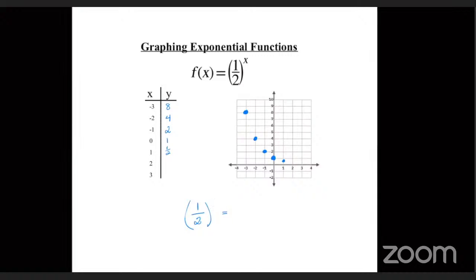When I square my 1/2, that's 1 squared over 2 squared. 1 squared is 1, 2 squared is 4. And similarly raised to the third: 1 cubed is 1, 2 cubed is 8.